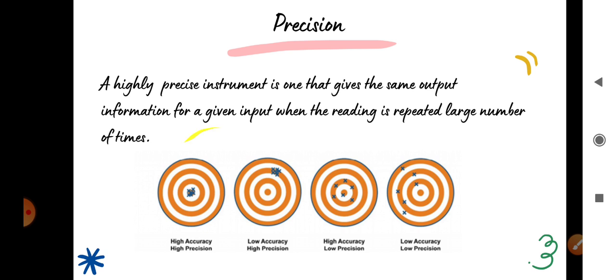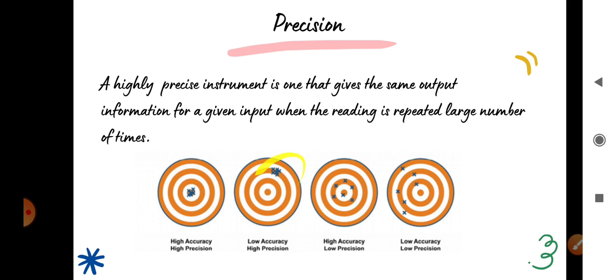So in the first diagram, all these cross marks, that is x1, x2, x3, are very close to each other, and also close to the true value xt, shown in orange color. So here we have high accuracy and high precision.